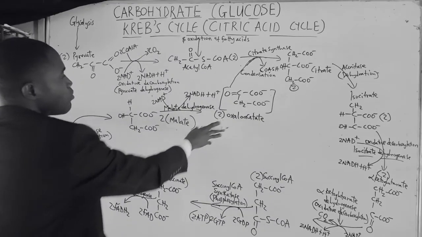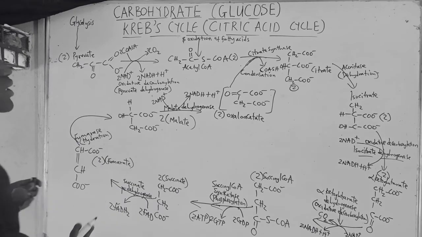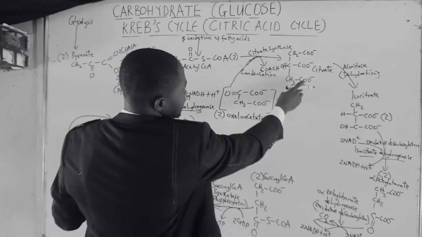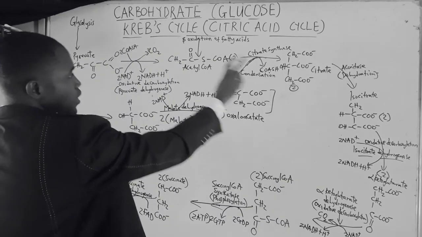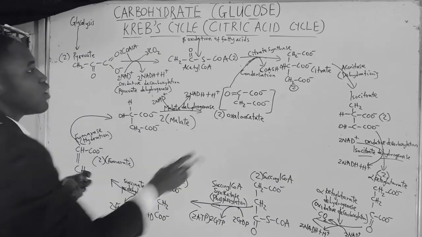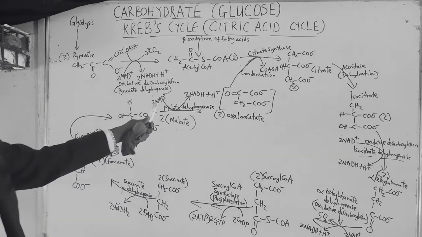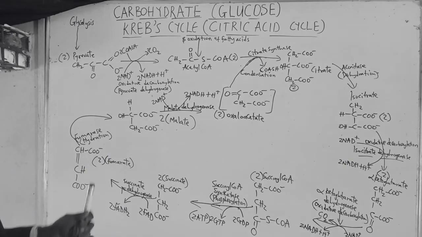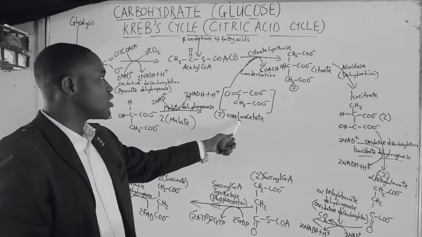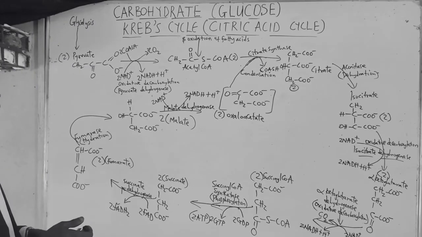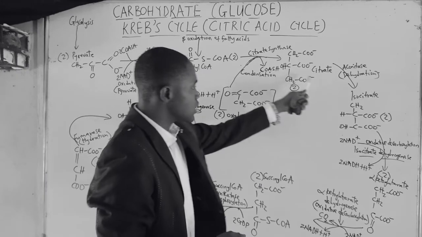So it will follow from 2 molecules of oxaloacetate and move to give us this. So the process continues that way. What we realize here is that this is a typical structure of what we call the citric acid cycle. We call this 2 molecules of oxaloacetate. From here, we call this one citrate. Okay? Then from here, it gives us this.